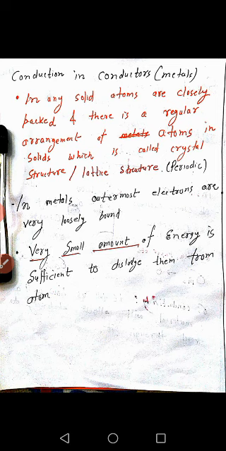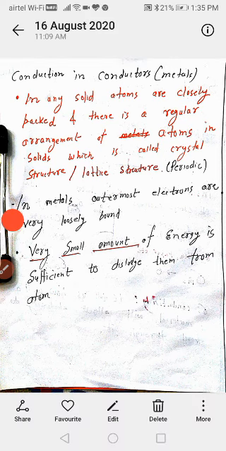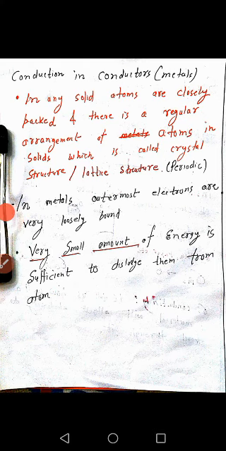In any solid, atoms are closely packed. First we need to understand a little bit about the structure of metals or solids. In any solid, atoms are very closely packed, and there is a regular arrangement of atoms, which is called crystal structure. Whenever the arrangement is periodic, that is called lattice structure. I hope you are all familiar with these basic chemistry terms.